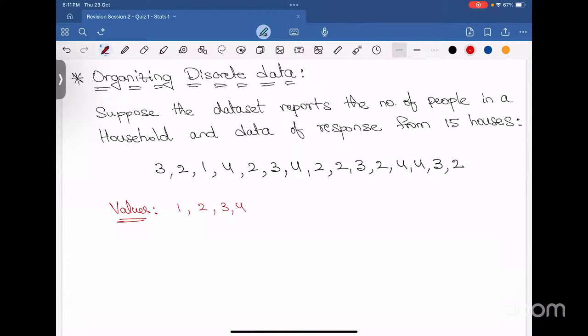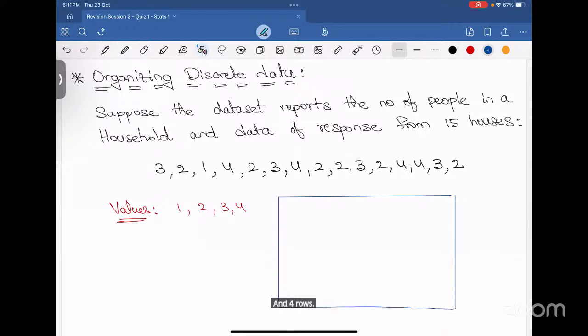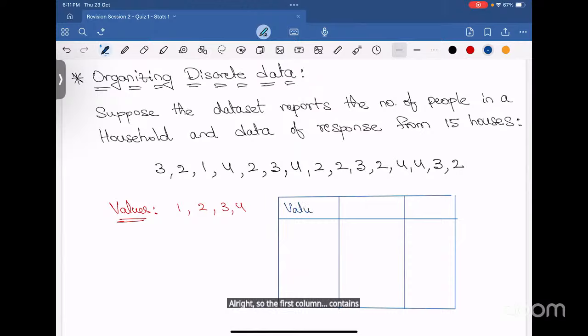So I will draw a table with 3 columns and 4 rows. The first column contains the values.